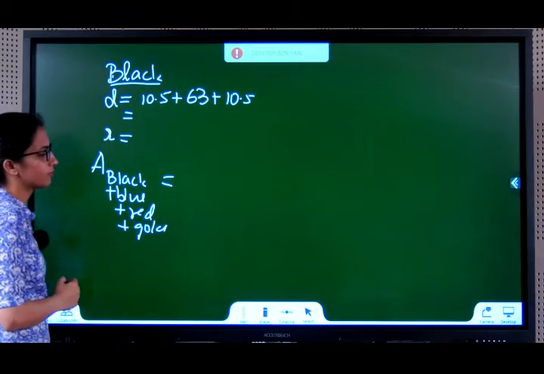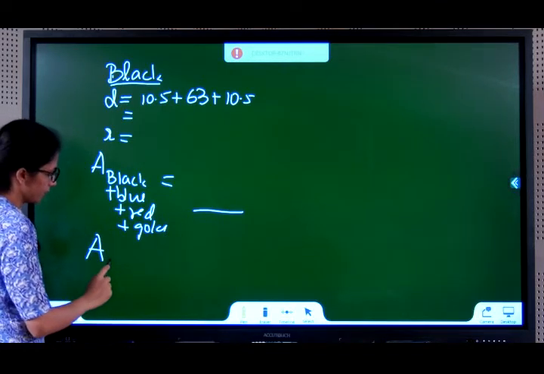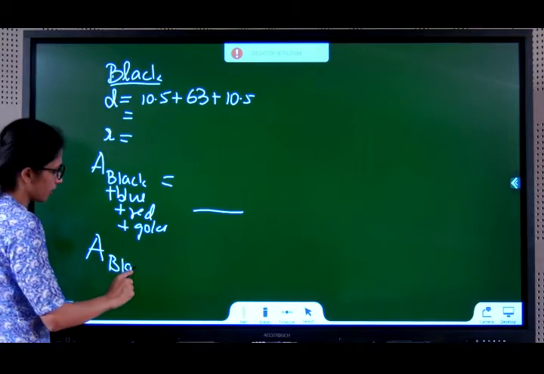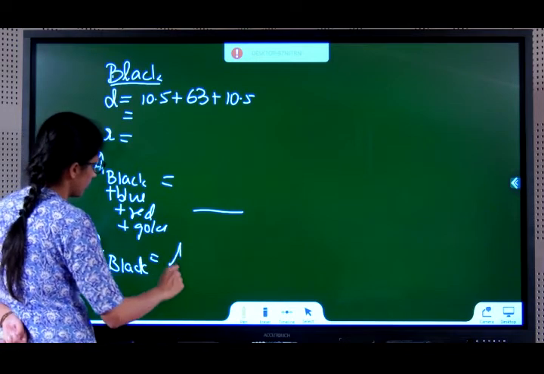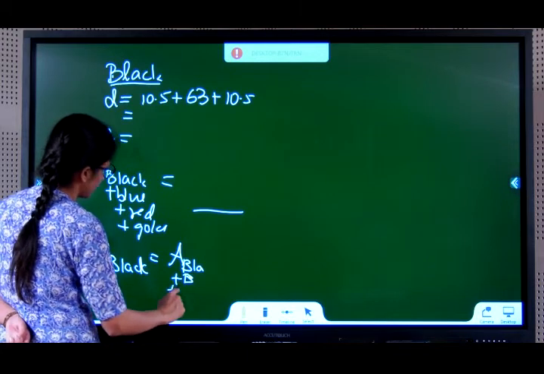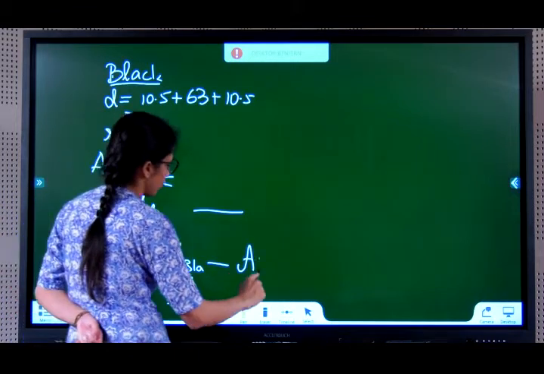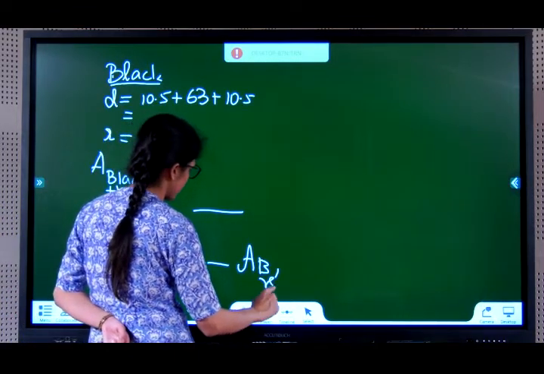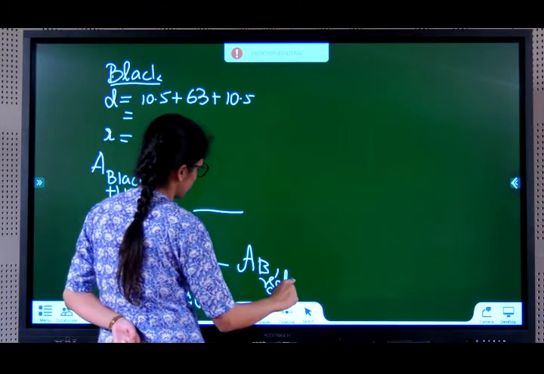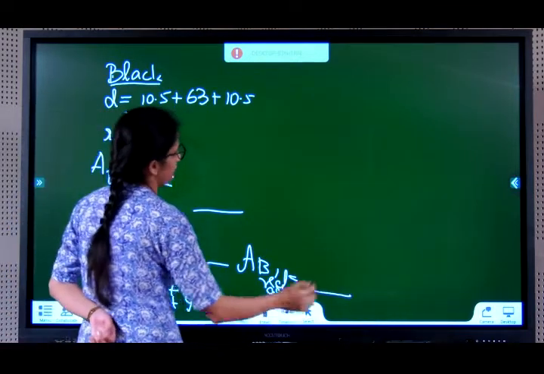After we find that, we then find area of black alone. How do we do that? This new area, that is black plus blue plus red plus gold, minus area of blue, red, gold. We already have all these values, find it out and we shall match the answer.